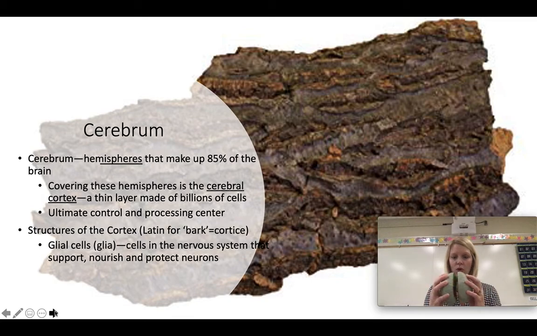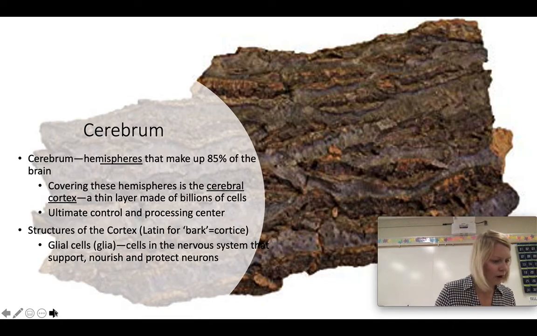And by the way, when you're doing your project, if you are showing me the cerebral brain, I would like to see this view, this outside view. Sometimes it's called the lateral view, but I'd also like to see this view, kind of the inside, if you will, the cross-section view.